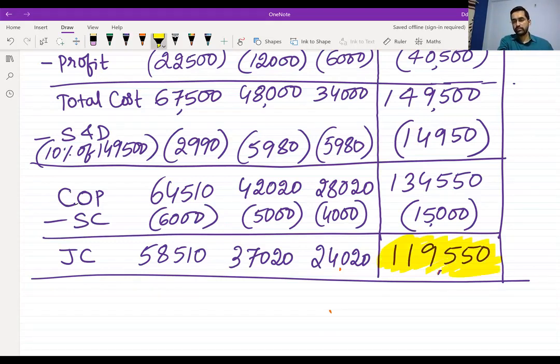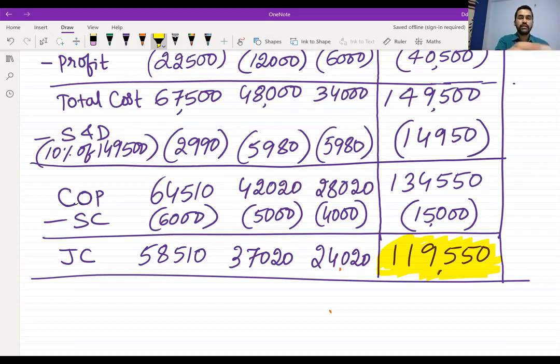All right. Now, if you have completed the answer and if you have got 119,550, you must be thinking, sir, this number was already given in the question. Where? Read, sir, first paragraph only. Read the second line. Joint expense of the manufacturer amounted to 119,550. What did you calculate by doing all this table?